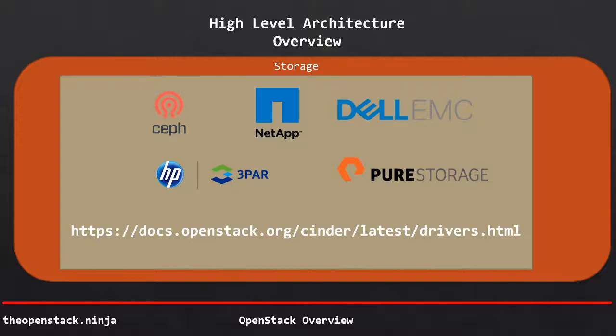The URL at the bottom there shows which drivers are actually available for the latest version of OpenStack, and there are about 100 different storage options. So if you're in an environment where you use Pure storage arrays, there's a driver for Pure storage, and your OpenStack platform can be integrated into it. If you've got Dell EMC VNX arrays, then you can again integrate with your VNX arrays without a problem.